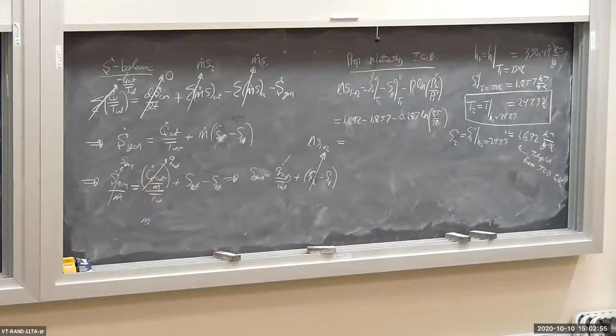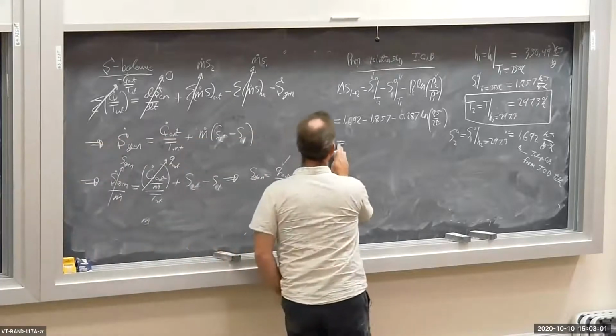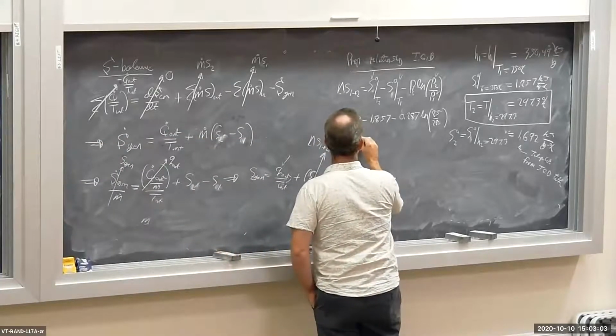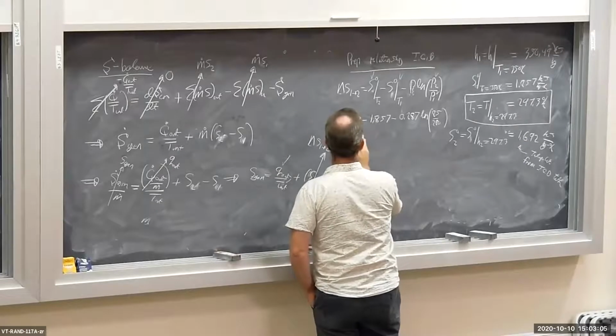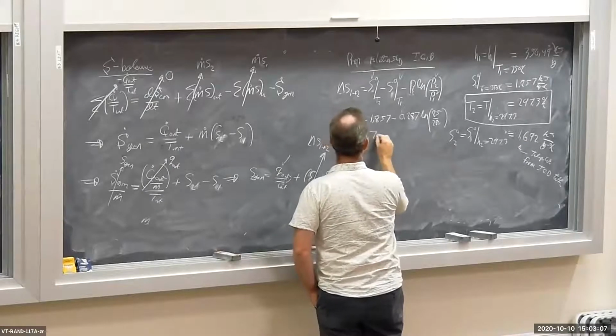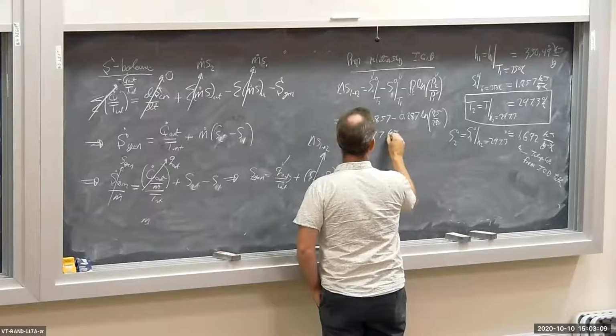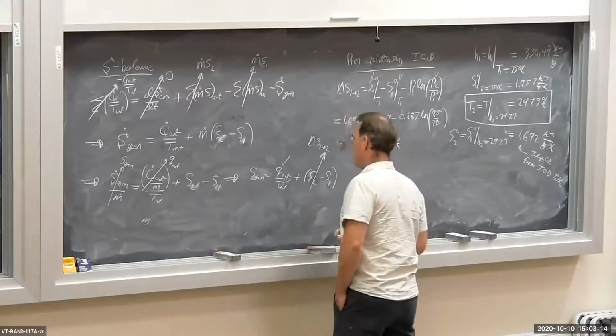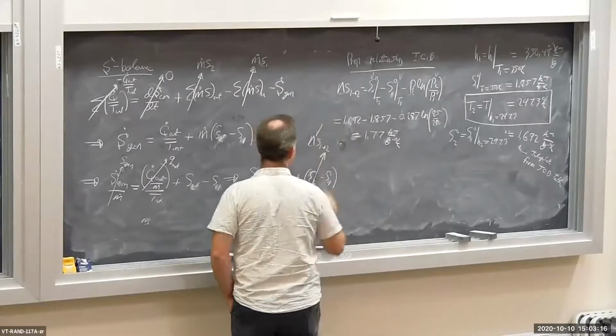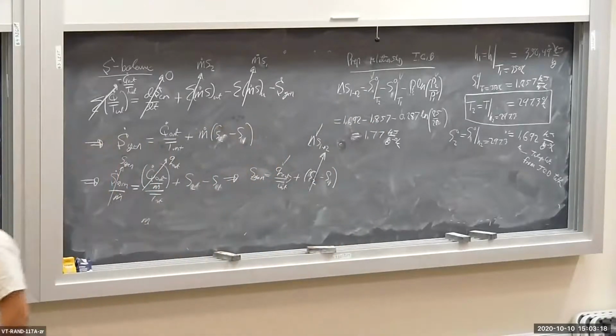Let's see if I have a delta S. 1.77 kilojoule per kilogram degree Kelvin.